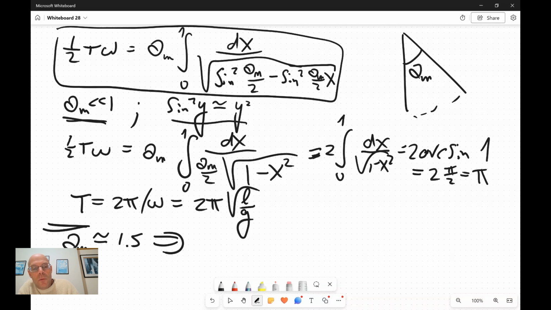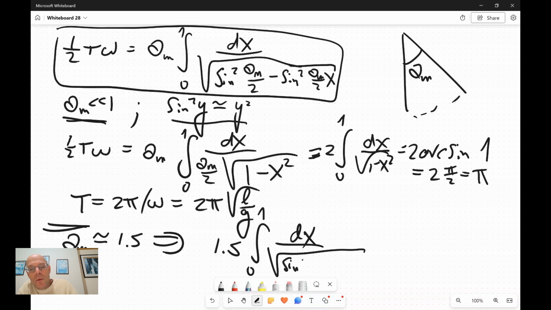Well, we have to do this integral. I have 1.5 times the integral from 0 to 1 dx over square root of sine squared of 1.5 divided by 2, which is 0.75, minus sine squared of 1.5 over 2 x.